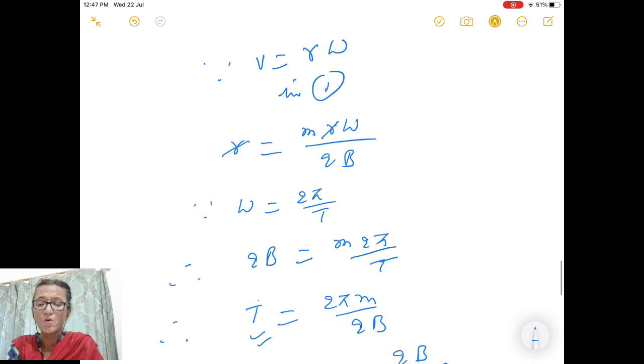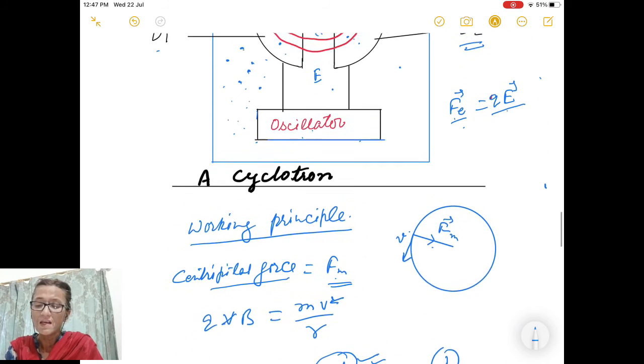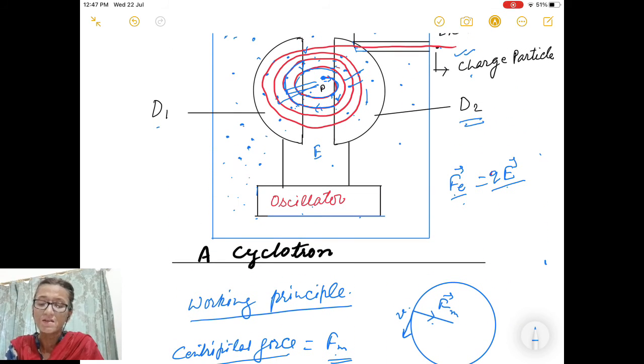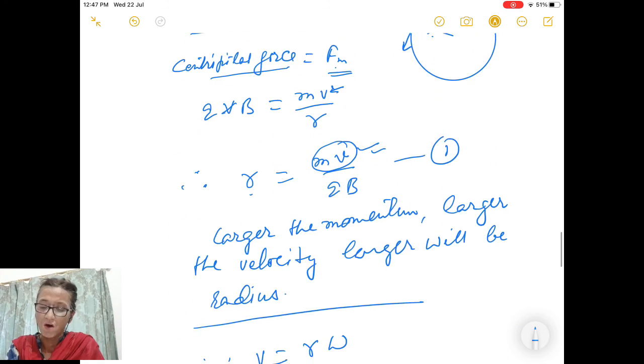So in cyclotrons we actually take positive charges, protons, which are nearly 1840 times more massive than an electron.